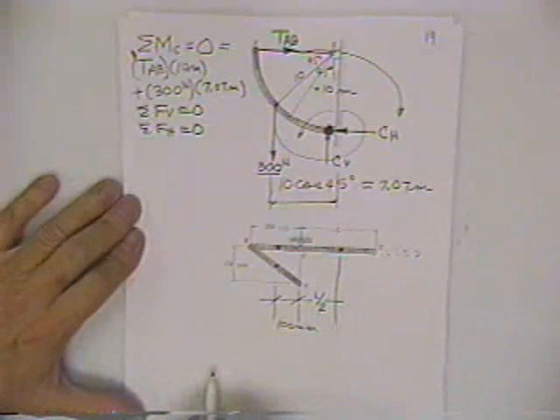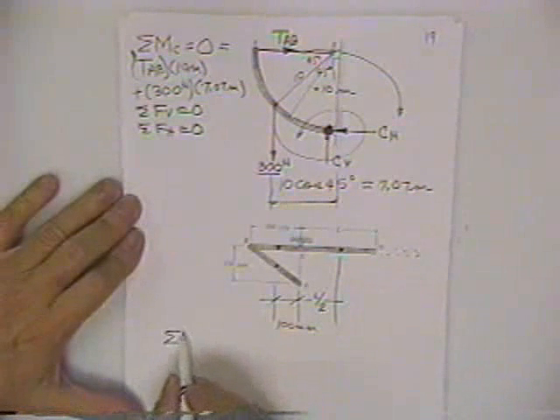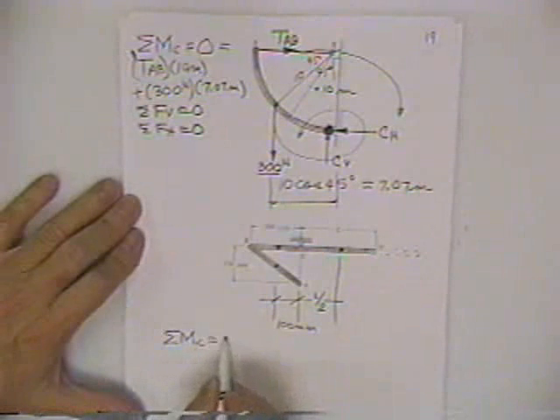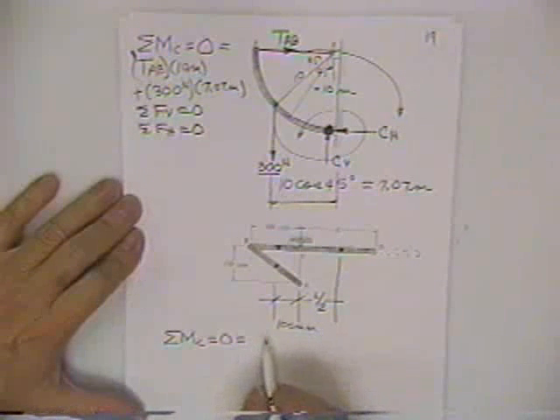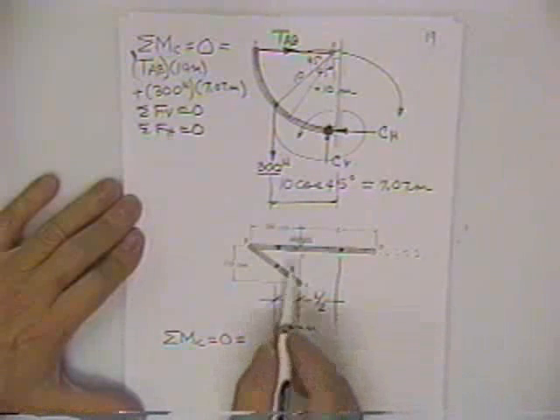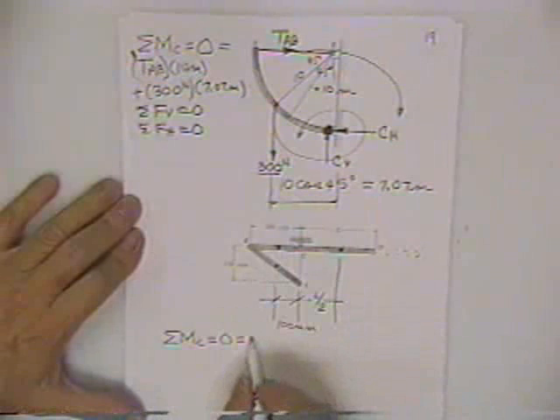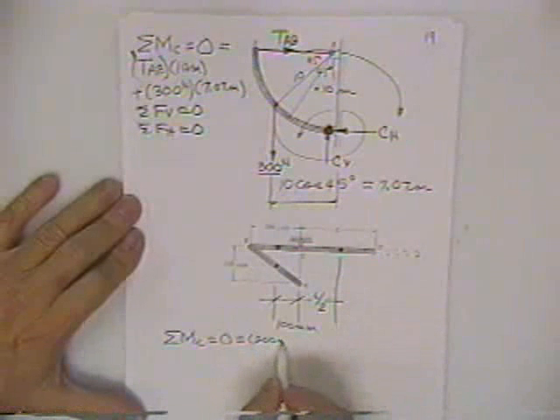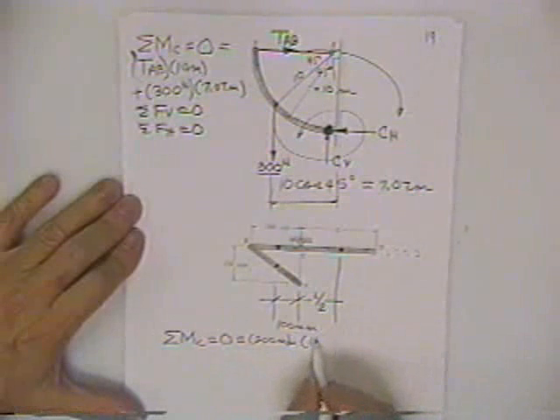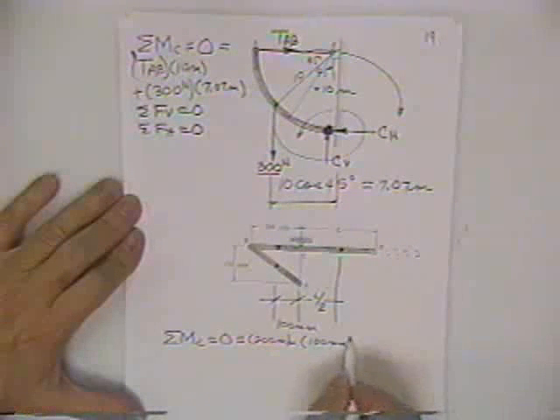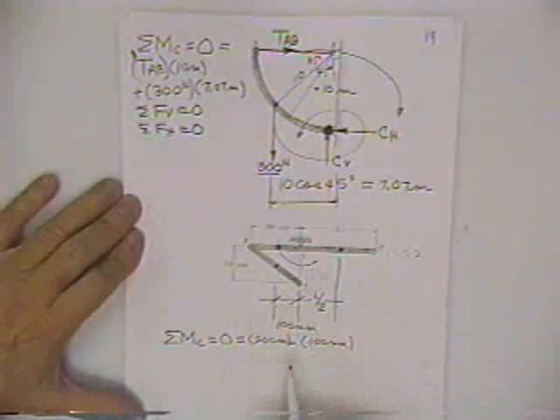So to make that thing balance about point C, you would simply say, if it balances, then the sum of the moments about C is 0 is equal to. First off, there's 200 millimeters worth of stick times where his centroid is, 100 millimeters. Were he to get away from you, he would roll this way.